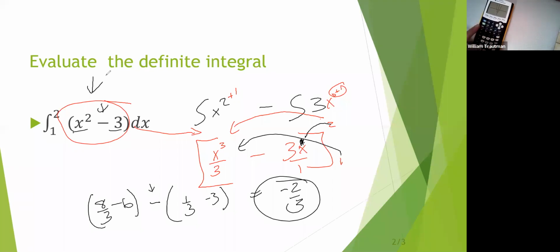And I am going to do second calculate. Oh, I did hit the wrong number. Second calculate. Number 7. From 1 to 2. And if you look at it, I get the same answer, negative 2/3.